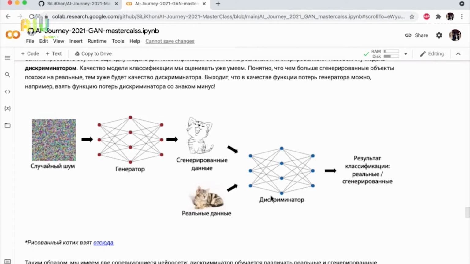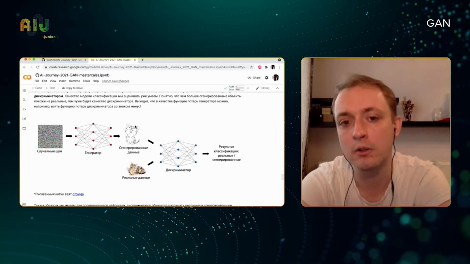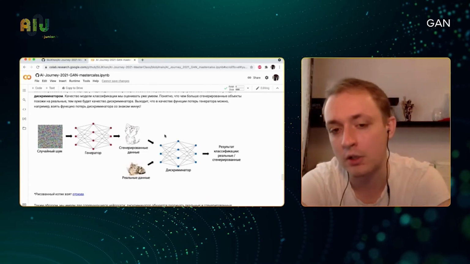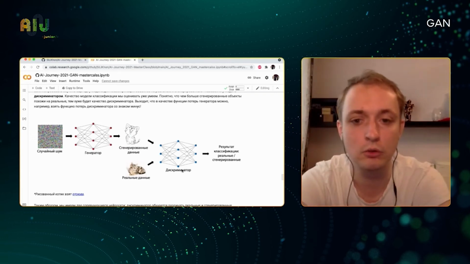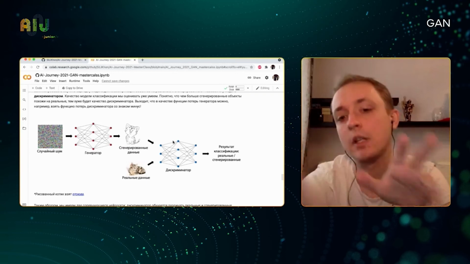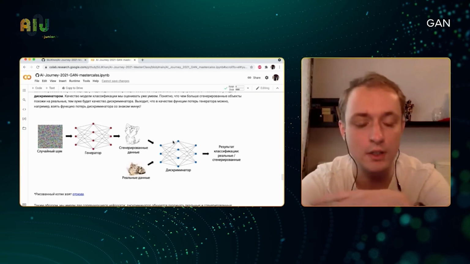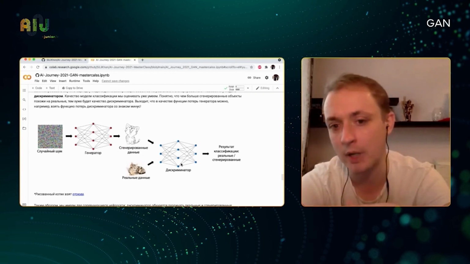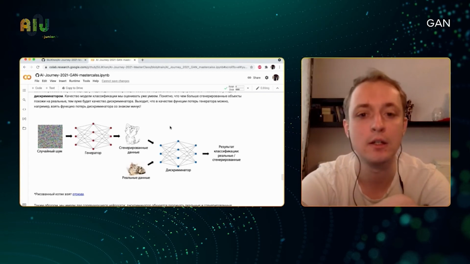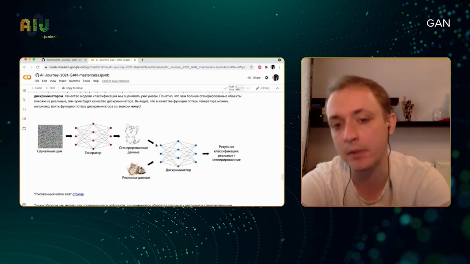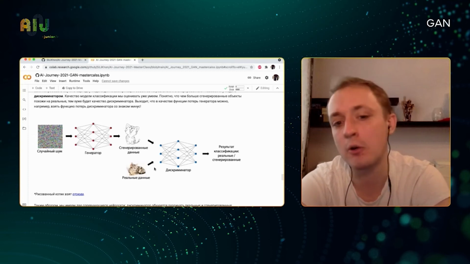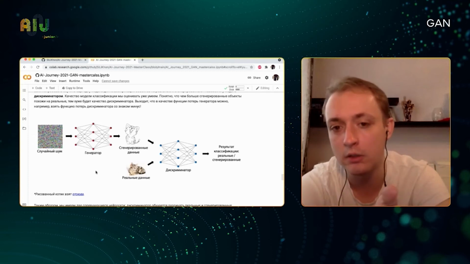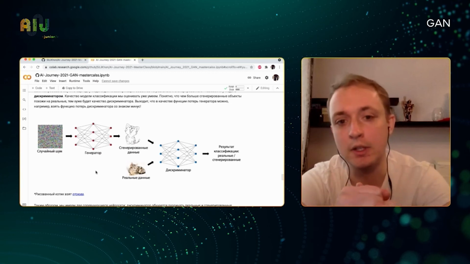It will try to tell apart real pictures from generated, artificial pictures. It's clear that if this network is failing to solve the task of classification properly, then it might mean that our model is not good enough, that it's not deep enough. But if our network is deep enough, of good quality, with a lot of layers and width, then poor classification at the output will mean that the generated data are very similar to the initial set of data.